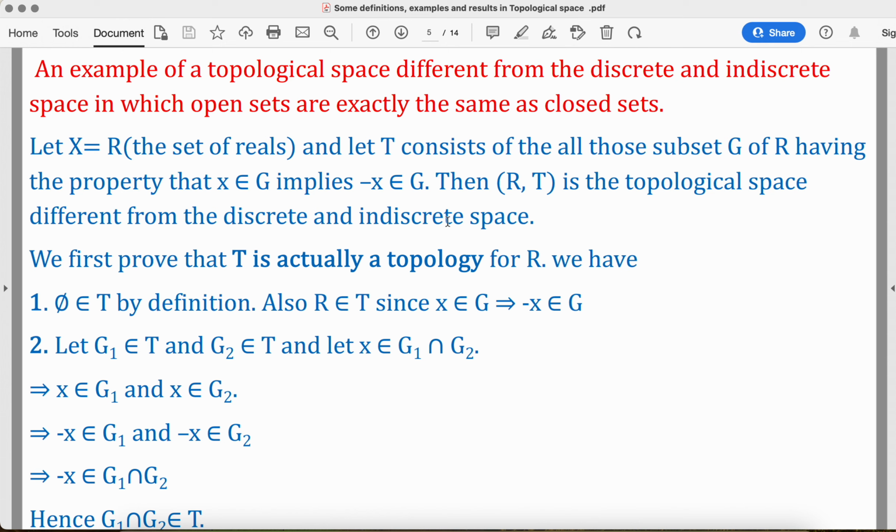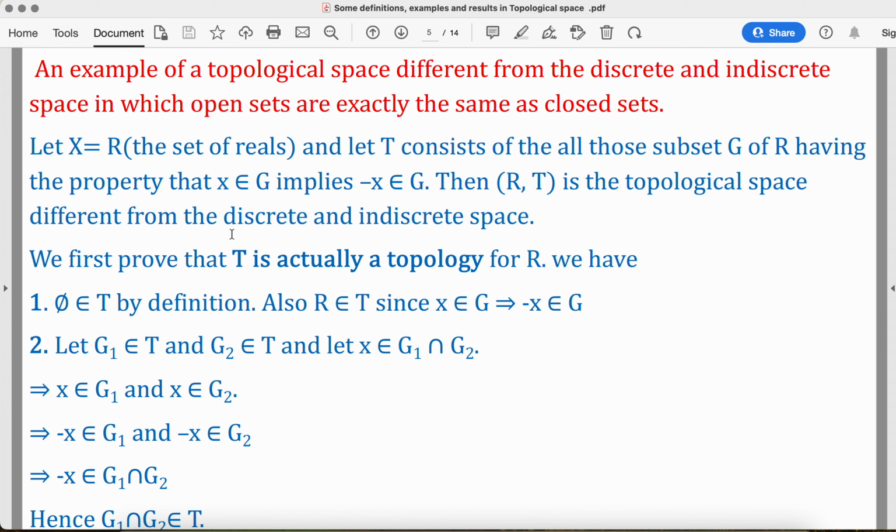So first of all, we will show that this T is actually a topology for R, and this we will show by the definition of a topology. We will show that it satisfies all three properties of a topology.